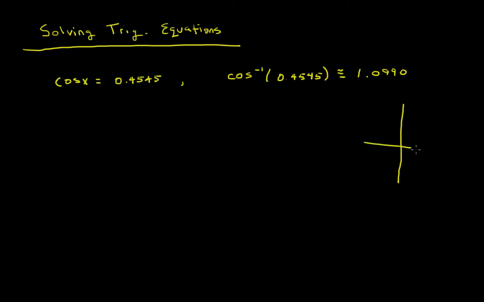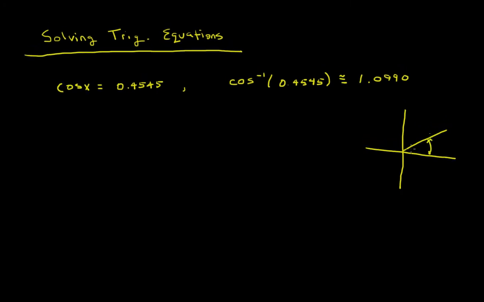Now with these problems we need to be careful, because we know the cosine function reaches this value, and we can see that answer is in quadrant 1. But we also have a positive cosine value in quadrant 4. So we want to use some symmetry here to get this bottom angle that I'm drawing.